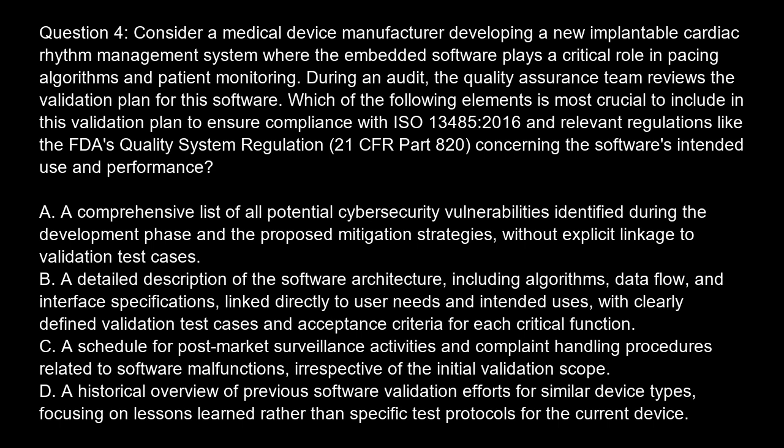Option C. A schedule for post-market surveillance activities and complaint handling procedures related to software malfunctions, irrespective of the initial validation scope. Option D. A historical overview of previous software validation efforts for similar device types, focusing on lessons learned rather than specific test protocols for the current device.